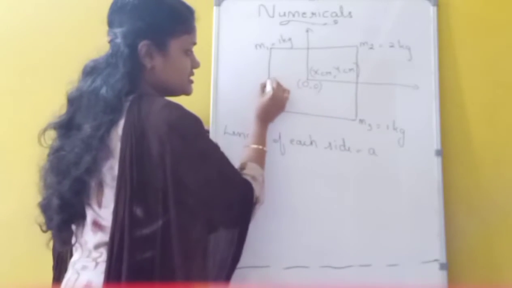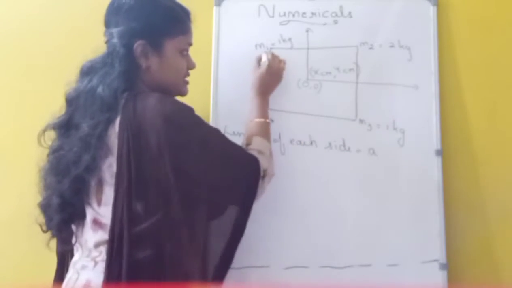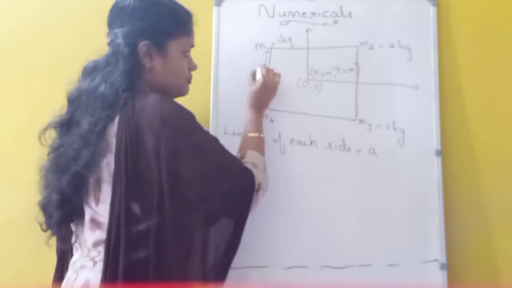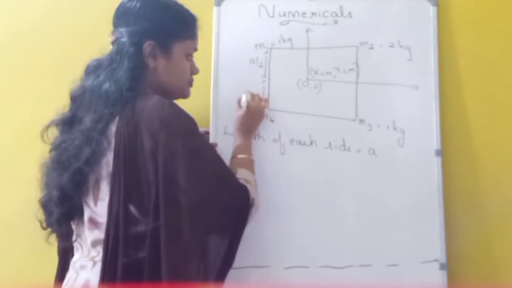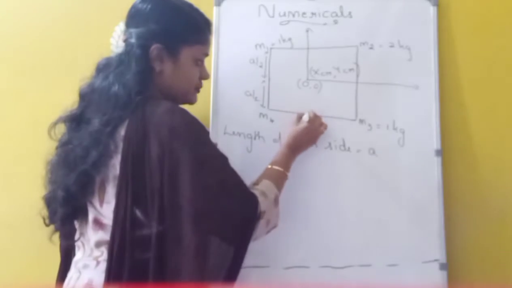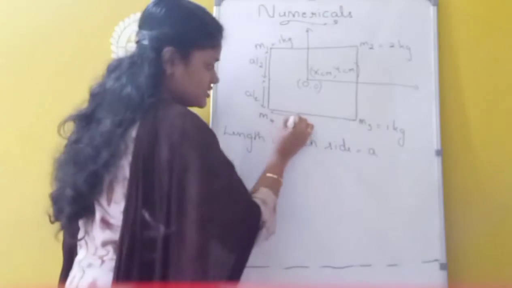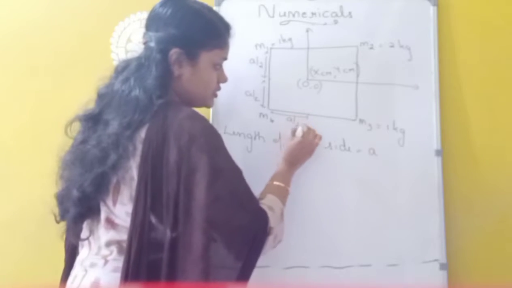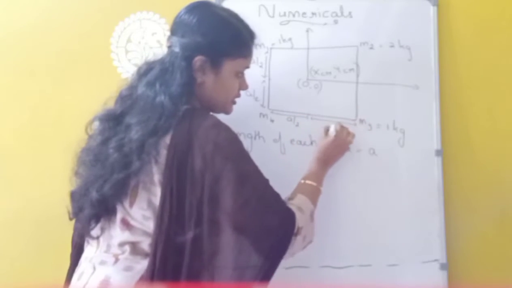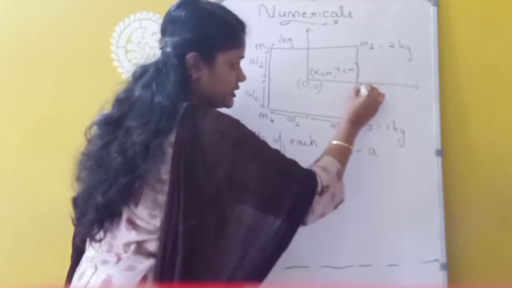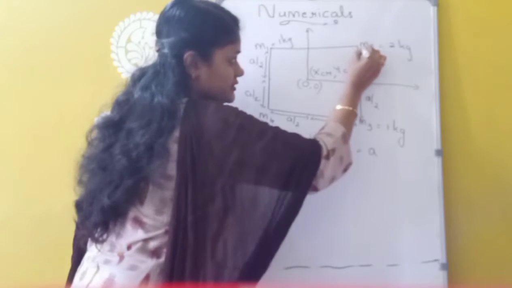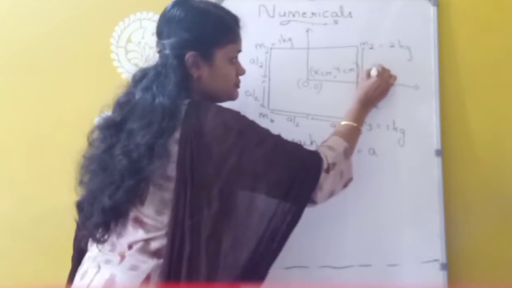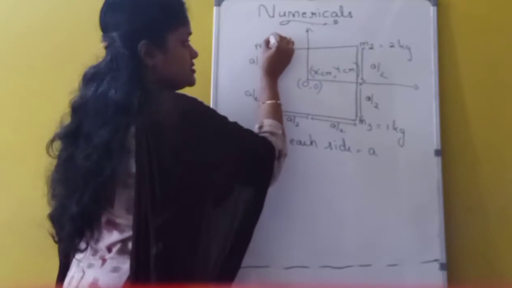And I told you length of each side is taken as A. And this much distance, that is half distance I am taking, is A by 2, and this also A by 2, and here also I am exactly taking the half. This one also A by 2, and here also this much A by 2, and this one also A by 2, and this A by 2.